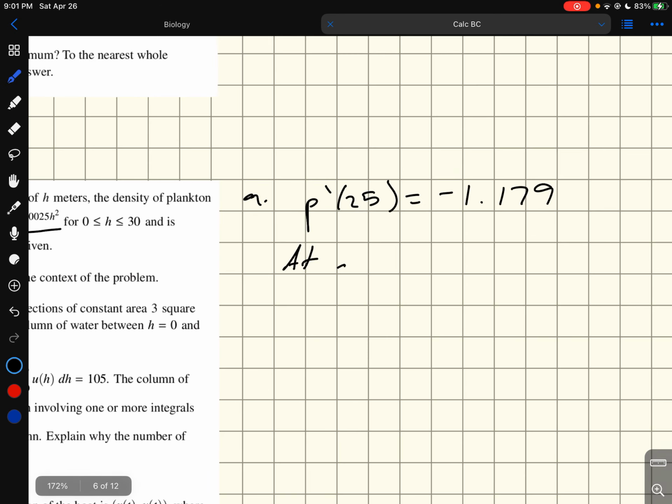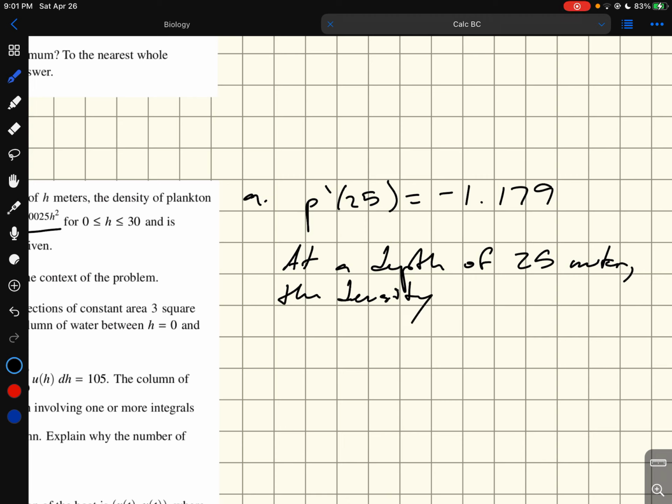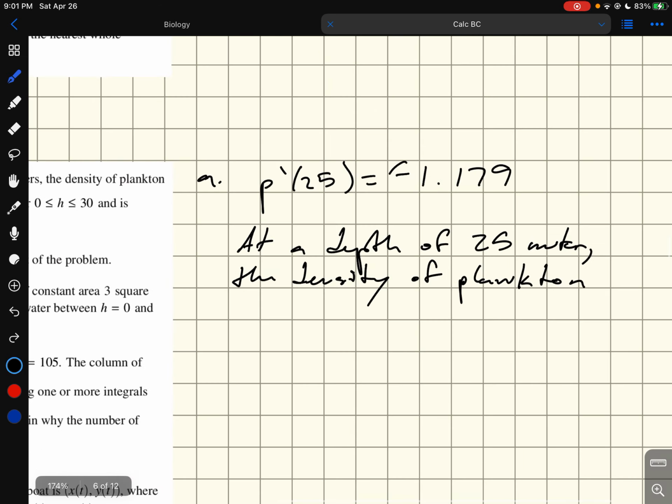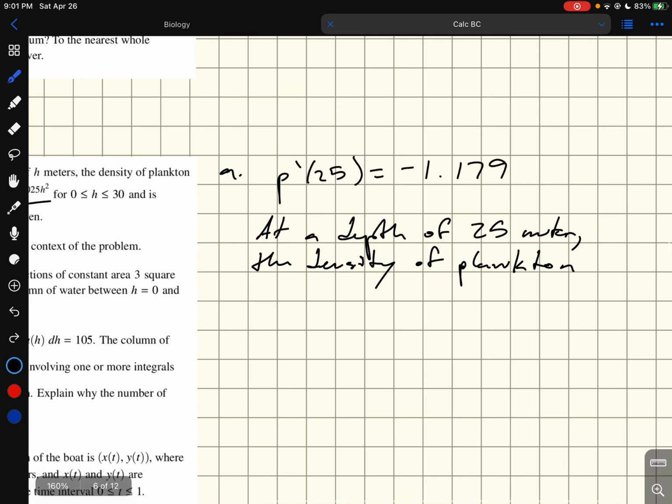So, at a depth of 25 meters, the density of plankton. Okay, so now there's two ways to do this. You can either say it's changing at a rate of negative 1.179, or you can say it's decreasing at a rate of 1.179, because saying decreasing is saying that negative part.